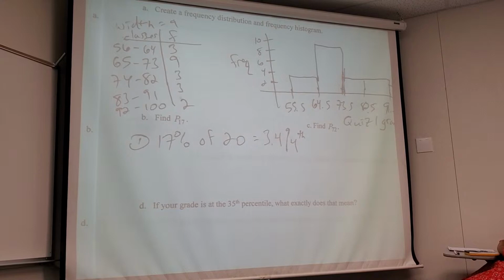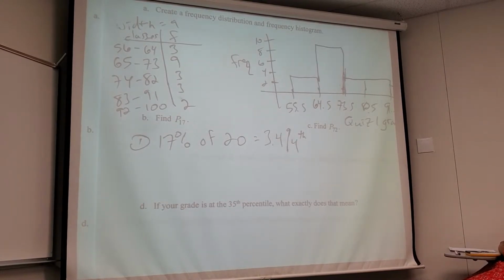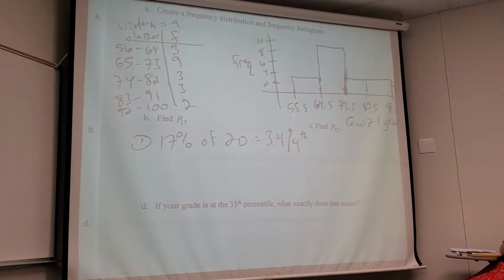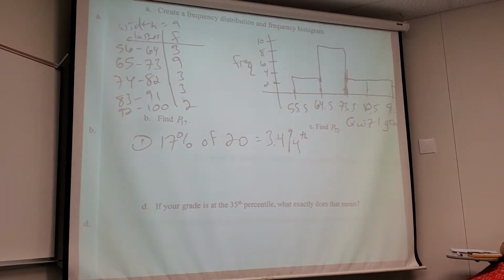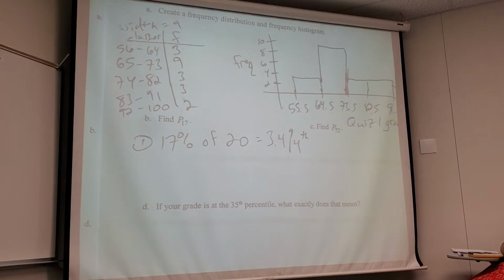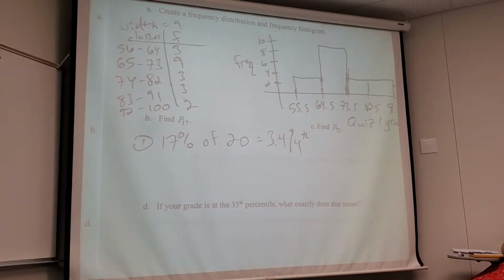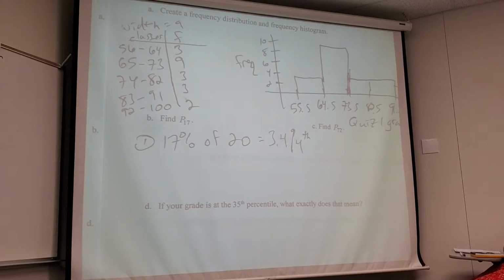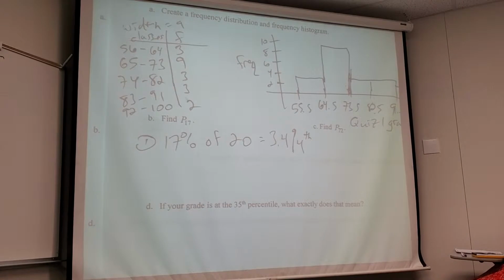So this would have 17 data points, and here's the 17.5. The 17.5 is the one right between the 17th and the 18th. So it has 17 below it out of 100, 17%.